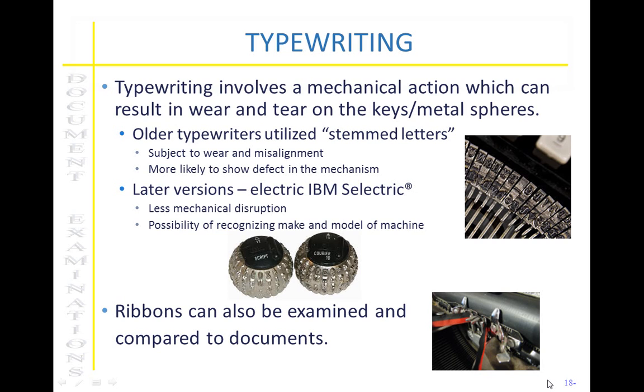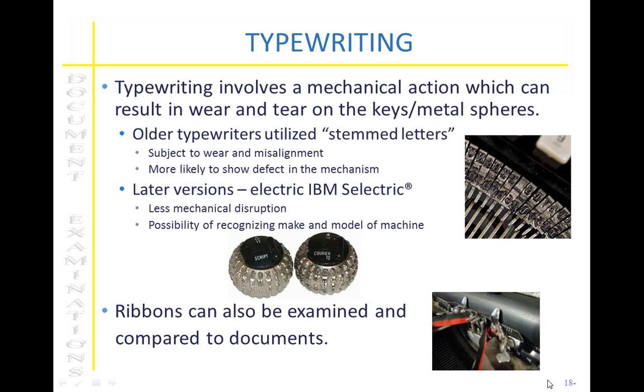These involve a mechanical action and can result in wear and tear to either the keys or the metal spheres, depending on what type of typewriter it actually is. The older typewriters are going to have the keys that are subject to a lot of wear and misalignment. So they might show a lot of individuality to the actual letters themselves in the document.